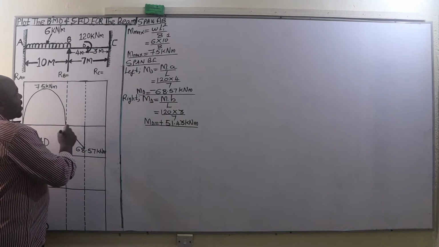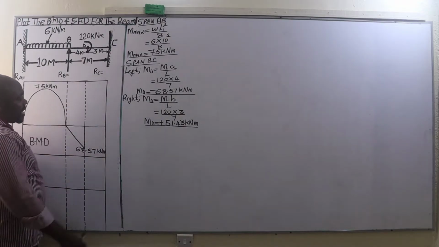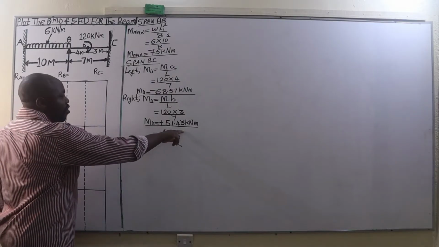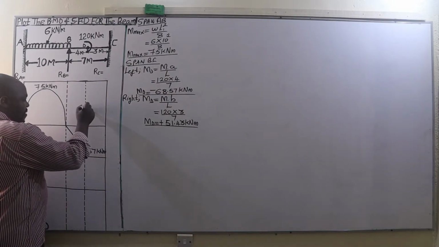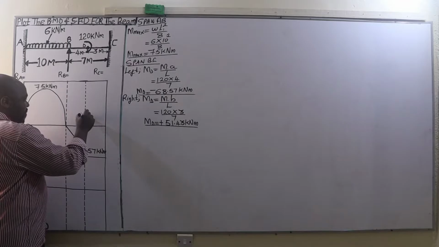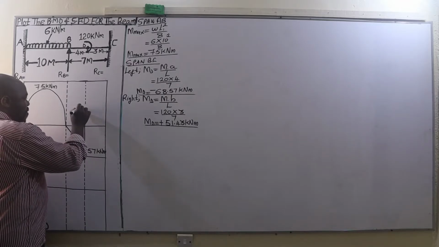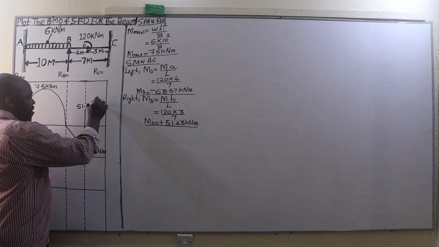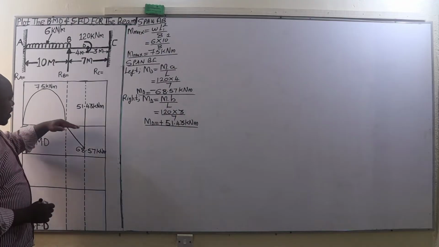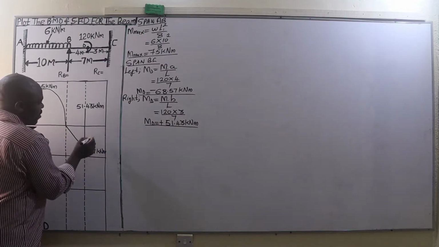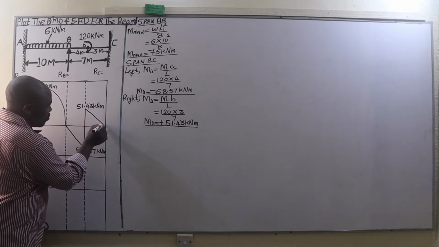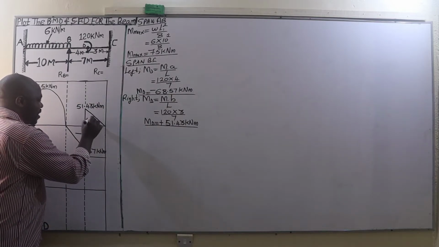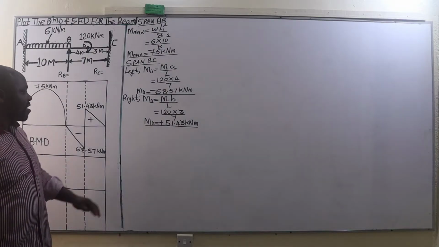The bending moment at D on the right hand side, 51.43, we approximate to be here. It is positive, and therefore we plot it above this horizontal line, and then we join it to C. So this is a negative bending moment, and that is a positive bending moment.